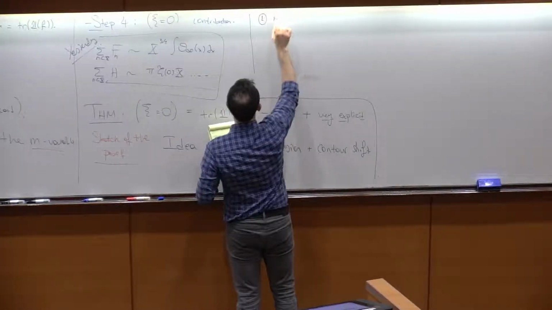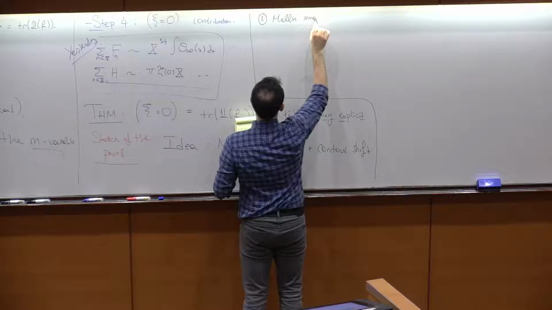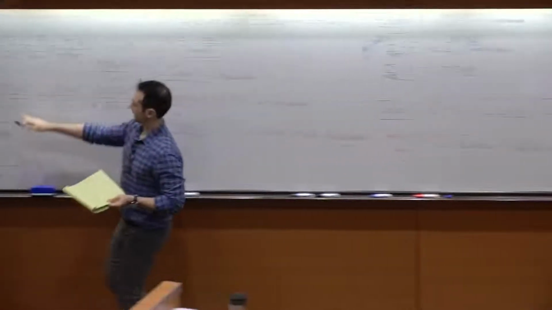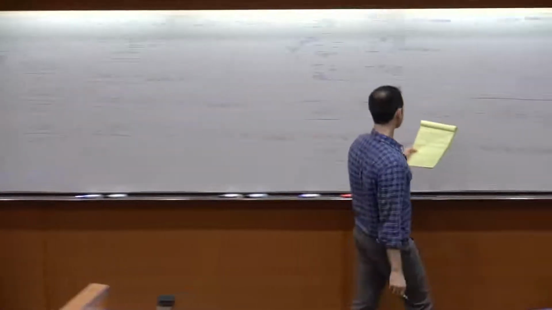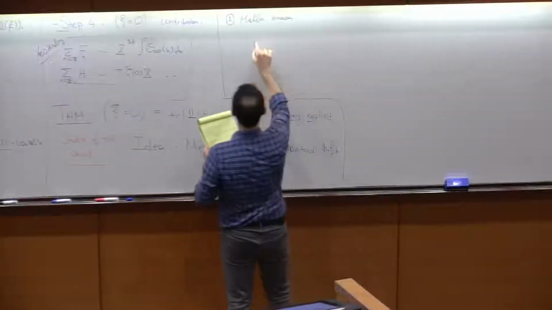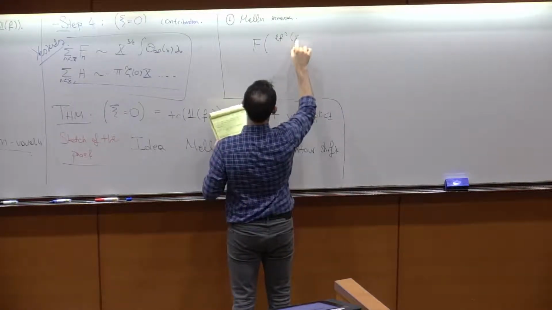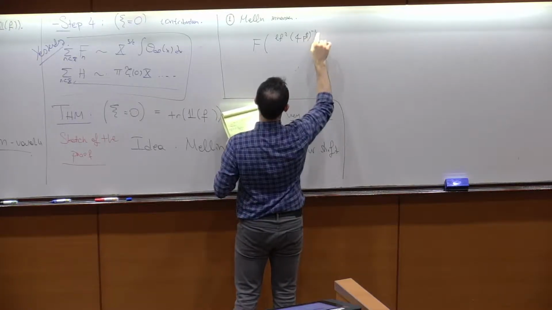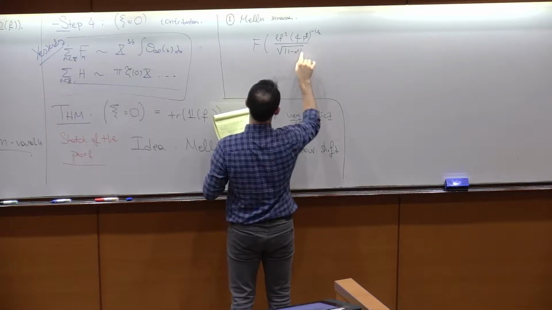Okay, so let's start with Mellin inversion. Number 1, Mellin inversion. What does Mellin inversion give? So I'm going to do the part for f, because h is a little bit more detailed. For f, so f of L_f squared times 4p to the r to the minus 1/2 over the square root of 1 minus x squared.